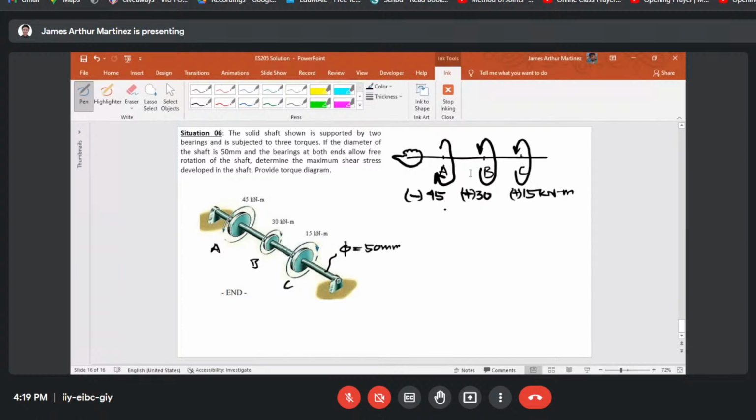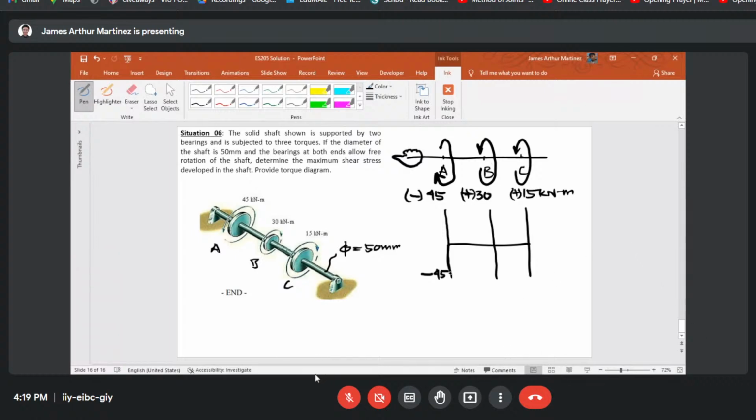Sige. So let us draw the torque diagram. You have here negative 45 kilonewton meters, meaning its direction is downward.